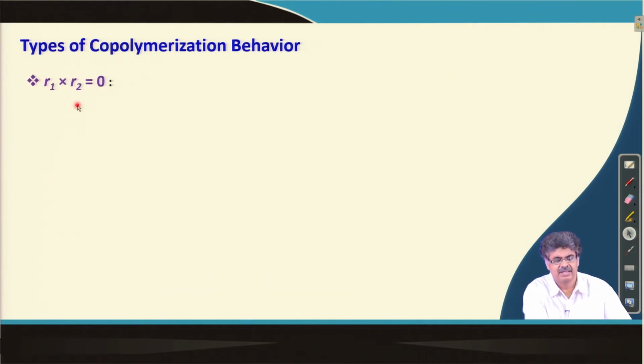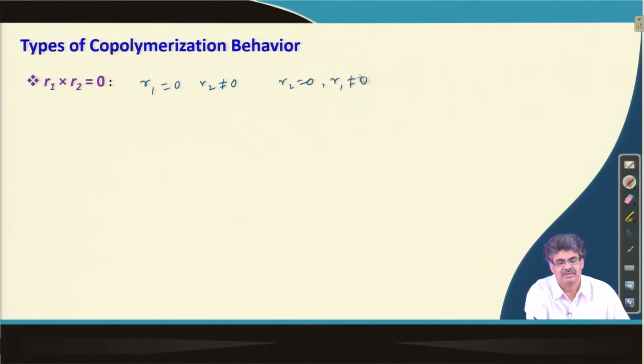The second case, if we have R1 multiplied by R2 is 0, obviously this can happen with either one of them being 0. So, R1 is 0 and R2 not equal to 0, or R2 is 0 and R1 not equal to 0, these two cases may happen.